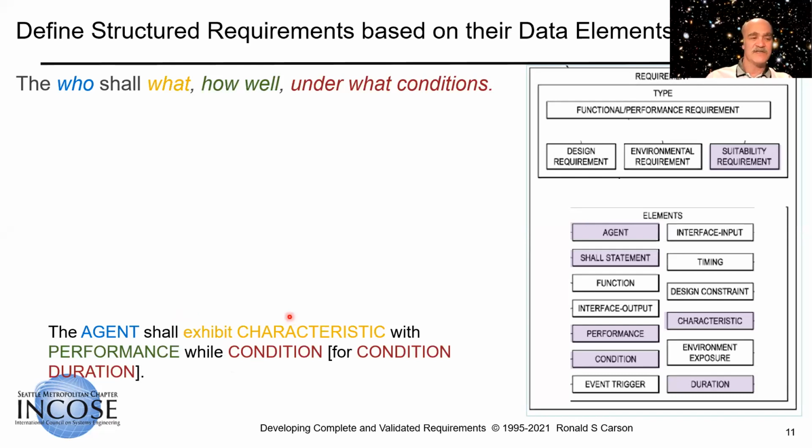And it addresses the whole entity. We talk about the reliability of a system. We don't talk about its outputs so much as we just say it's got to be able to do everything without breaking, with a certain performance attribute for a certain duration while it's exposed to certain conditions. And there's where you get, for example, the condition duration. How long is it exposed to whatever?